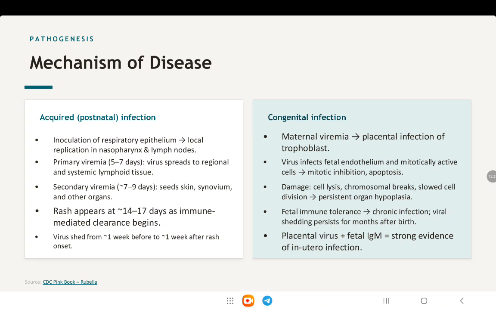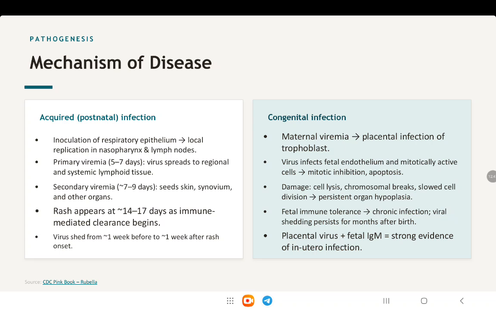Let's talk about the acquired infection. A rubella infection usually starts when the person inhales respiratory droplets from an infected individual. The virus multiplies in the nasopharynx and nearby lymph nodes, replicating in them. Then the virus enters the bloodstream.